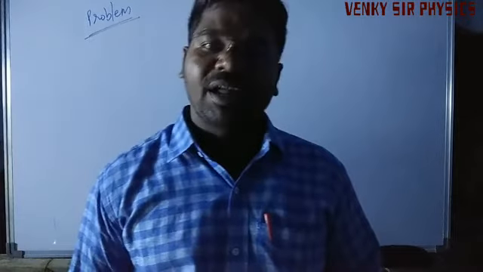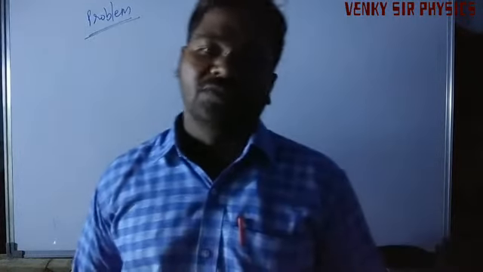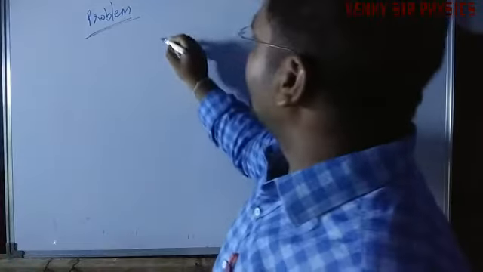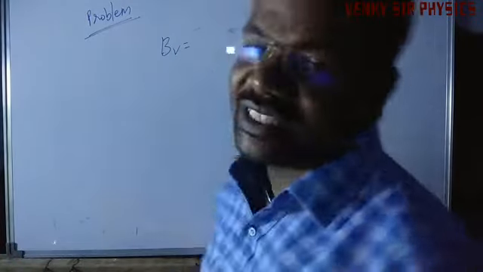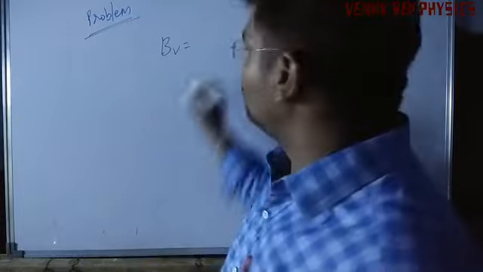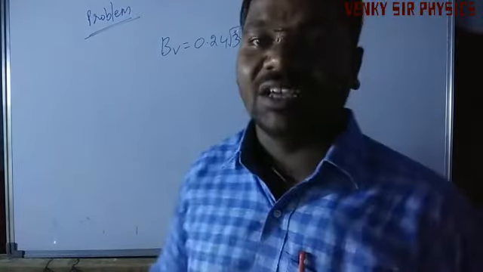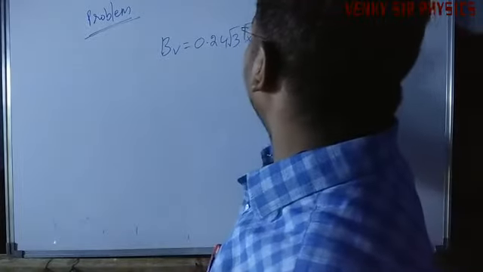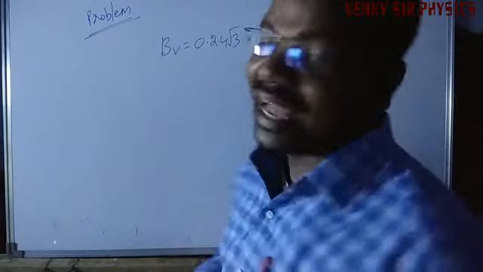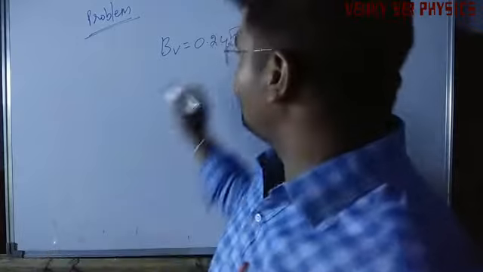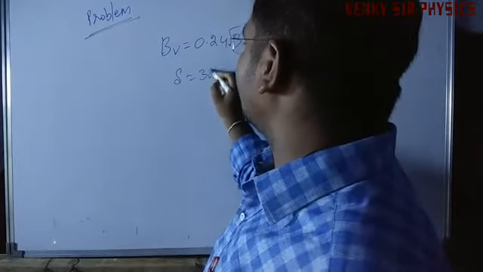Next problem. In the problem they have given vertical component of earth's magnetism BV is equal to 0.24 root 3 into 10 power minus 4 Tesla, and angle of dip they have given 30 degrees.